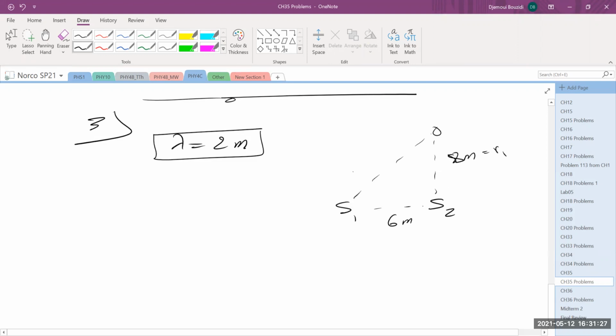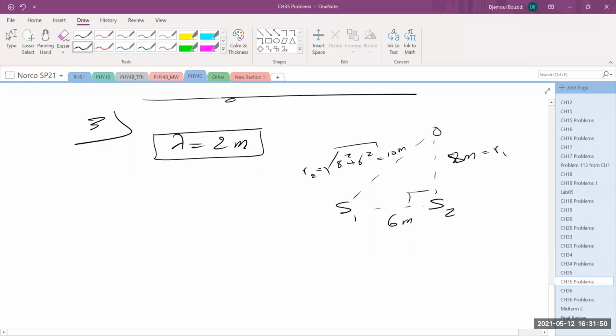And for this distance, we need to use the Pythagorean theorem because this is a right angle triangle. And this is the square root of 8 squared plus 6 squared, and that is square root of 100, which is 10 meters actually. So this is R2. Okay, this is 8 squared, which is 64. And 36, 64 and 36 is 100. Square root of 100 is 10 meters.